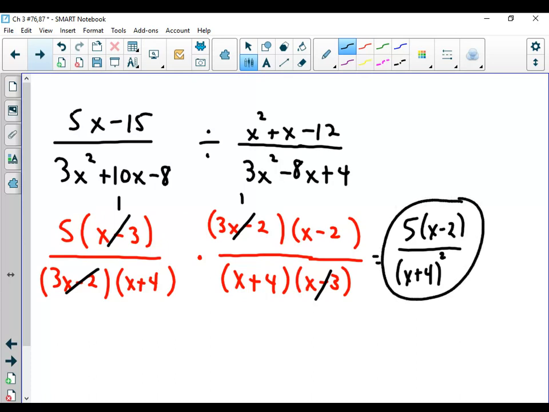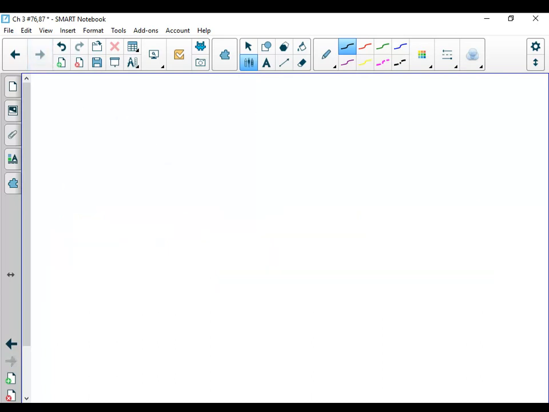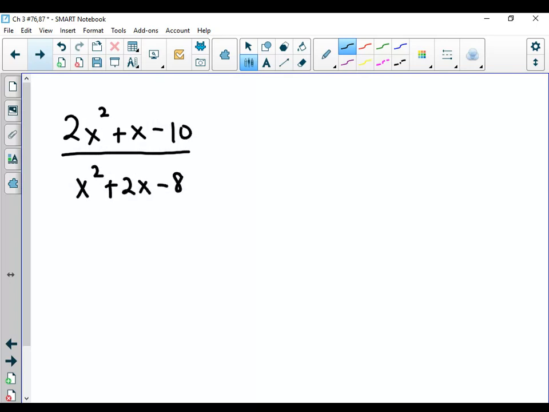All right, so I'm going to give you one other one here. See if you can simplify this one. So you're going to have 2x squared plus x minus 10 over x squared plus 2x minus 8.